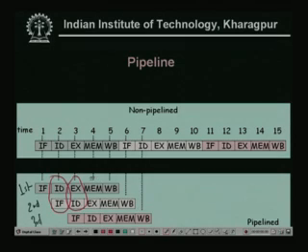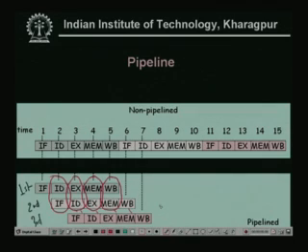Similarly, at the fourth time step, memory and execute are overlapped, and at the fifth time step, write back and memory are overlapped. So, actually there are 4 overlapping stages. Now, we are partitioning the time units, and at each time unit which stages are being overlapped.